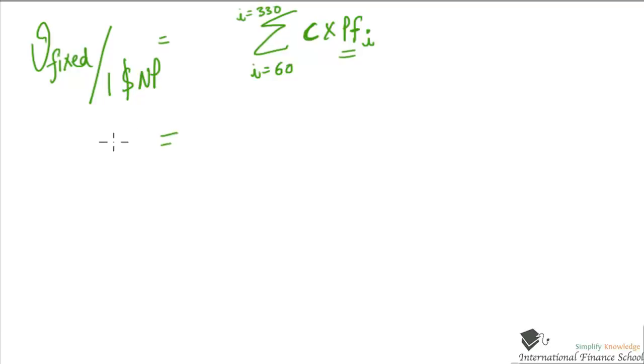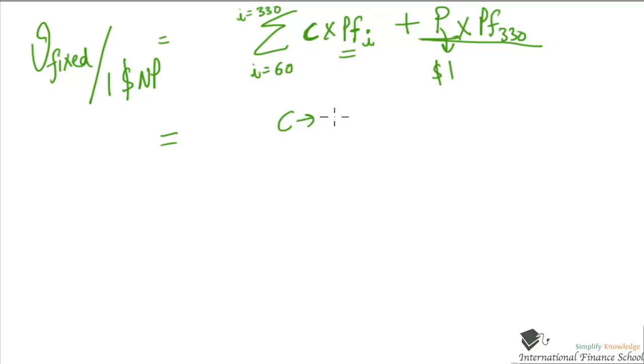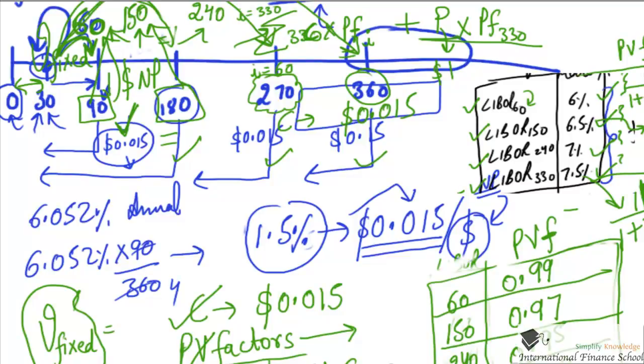So that's the value of the fixed coupon bond, plus the final principal, right? That comes at the 330th day. So present value factor of the 330th day. So principal, I am assuming it to be $1 notional principal. So that's the present value of all the fixed coupons that I will receive. I know the cash flow is $0.015. I know the present value factors from the last table.